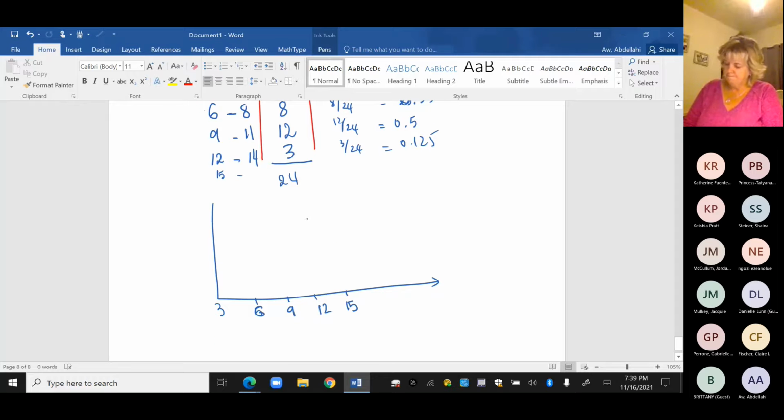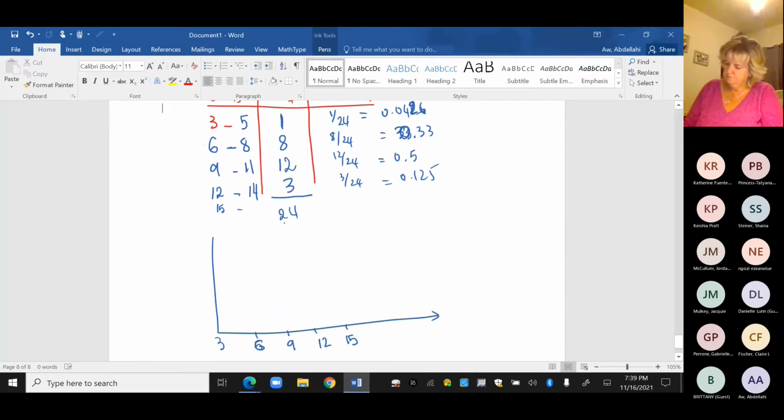3 to 6. What is the frequency? Here I have 1, 2, 3, 4, 5, 6, 7, 8, 9, 10, 11, 12. That is 1. So I have 3 to 5, I have 1. 6 to 8 is 8: 1, 2, 3, 4, 5, 6, 7, 8.